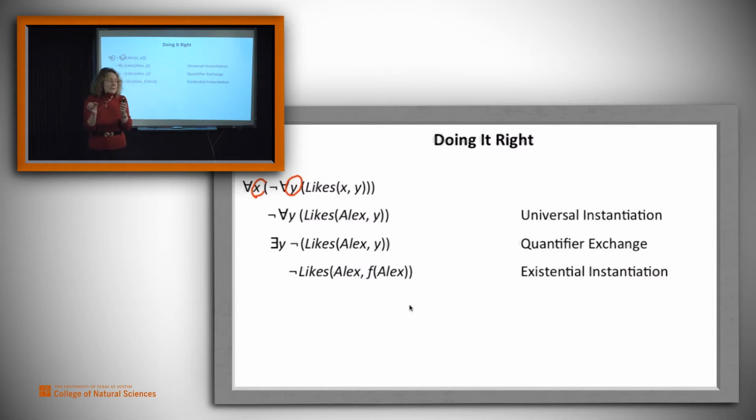It does not have to be the same thing. So recall that to handle that, we use Skolem functions. We say that for Alex, there is something, as a function of Alex, that he does not like. All right, and this seems right. It follows from the original claim. There's something Alex doesn't like.